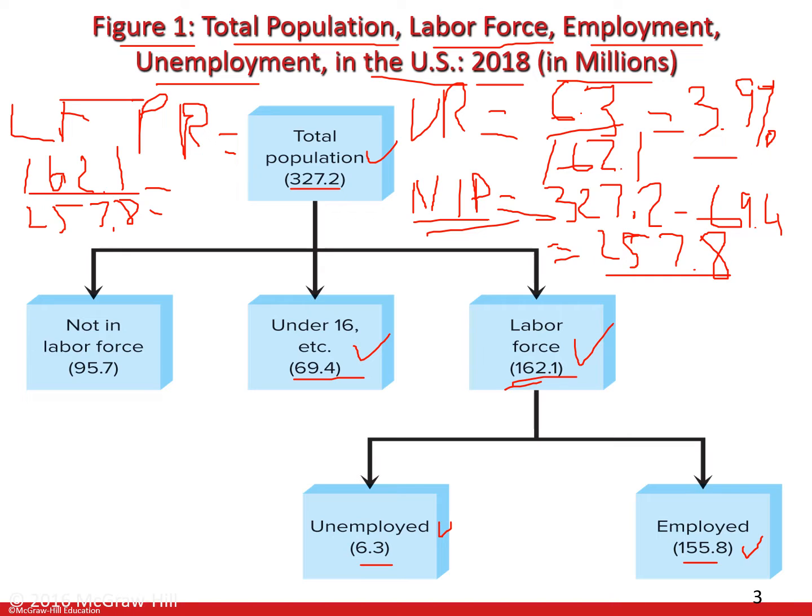Then you get about 62.9%. What's the meaning of 62.9%? This means that 62.9% of the non-institutionalized population were either working or looking for a job in 2018.